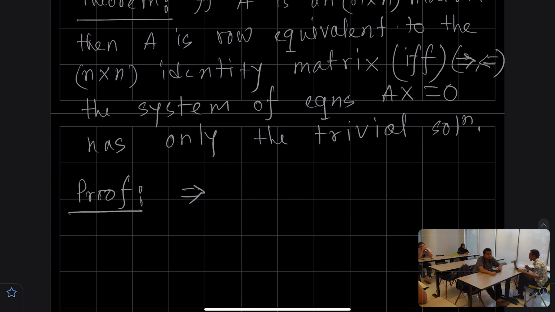The forward direction is: if A is an n cross n matrix and A is row equivalent to the identity matrix, then the system of equations Ax equal to 0 has only the trivial solution. So we're going to start with the matrix A being row equivalent to the identity matrix of size n cross n, right?